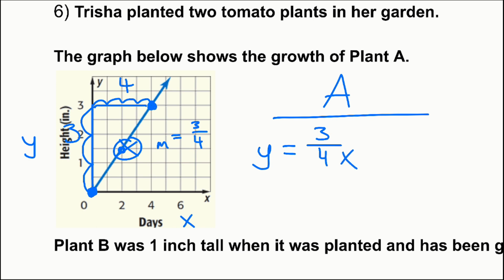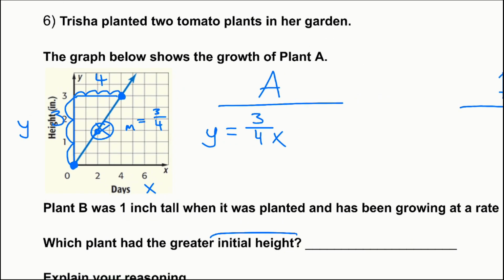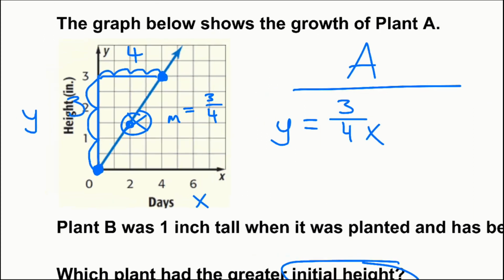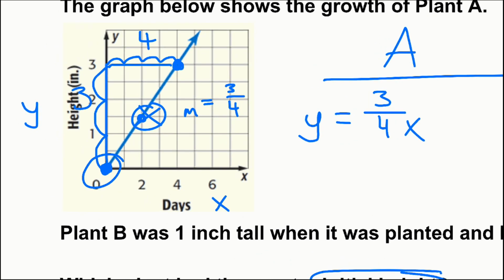All right. Now this is asking about initial height. So looking at plant A's graph, where does it start? If you were in class, I'll write it underneath number 8, just like I did in class today. When x is 0, what is your y? Okay, and if I'm looking at this graph, x is 0 right here.